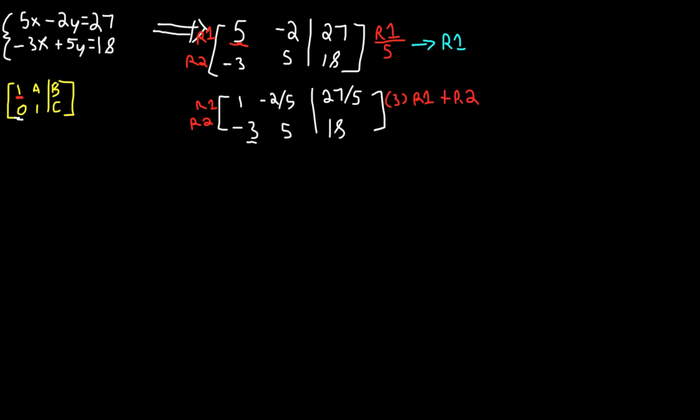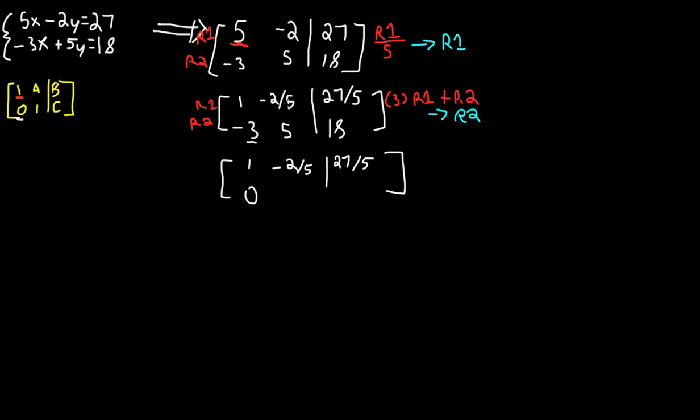And we're doing that to change row 2. So let's write our new matrix. Remember, we're not changing the first row, so the first row stays the same. So 3 times row 1 is 3, plus negative 3 is 0.